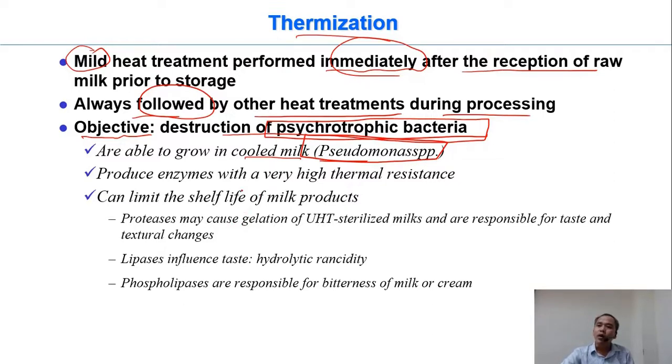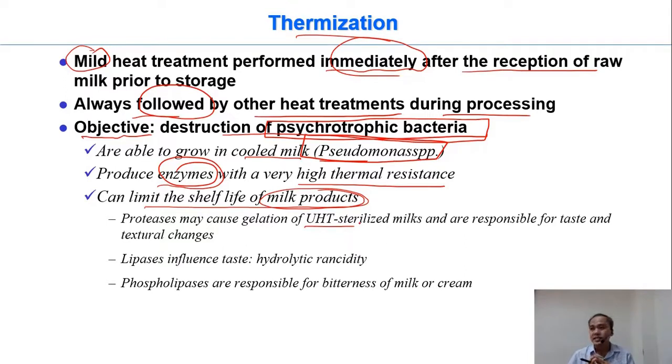But there's one very important practical issue: this bacteria group can produce enzymes, and these enzymes are very heat resistant. They are not inactivated easily by heat treatment. And then these enzymes can limit the shelf life of milk products, especially UHT milk.